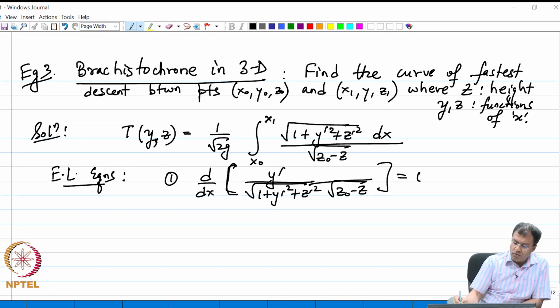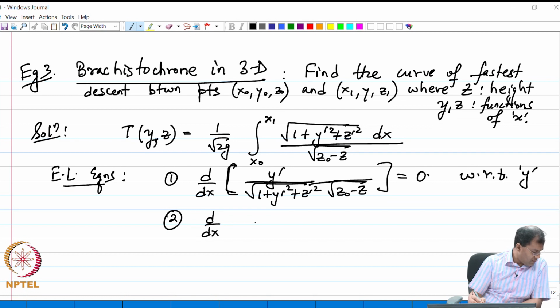This is set equal to 0. This is the Euler Lagrange equation with respect to the variable y. The second is the Euler Lagrange equation with respect to the variable z, and we see that the equation reduces to the following form.